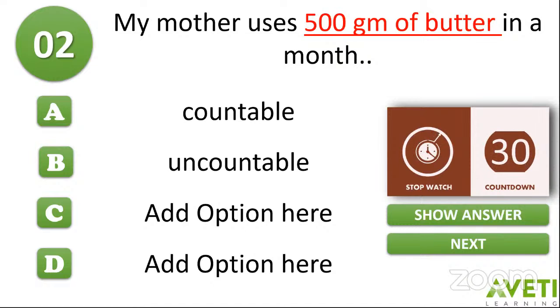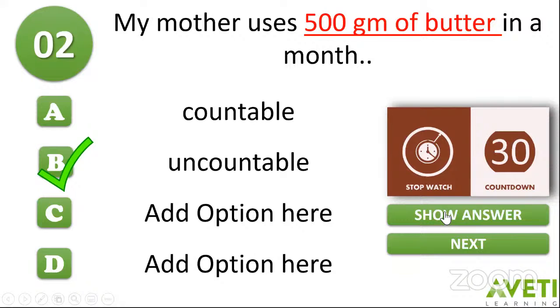All right. So let me show you the right answer now. The right answer is uncountable. Why? Here it is written 500 grams of butter. Why is butter still uncountable? Because 500 grams shows the weight. The weight of butter is 500 grams, but you cannot count butter one by one.